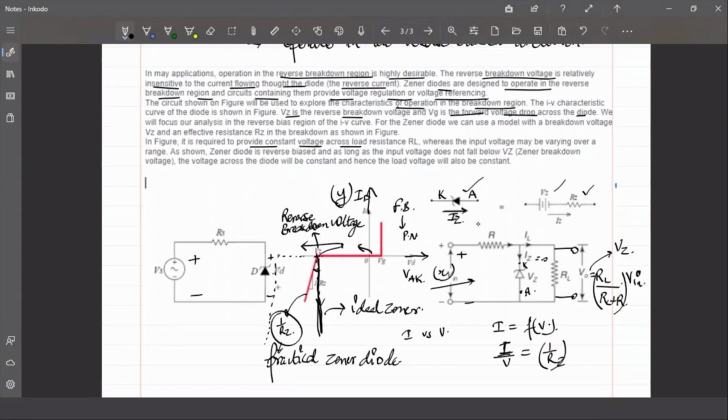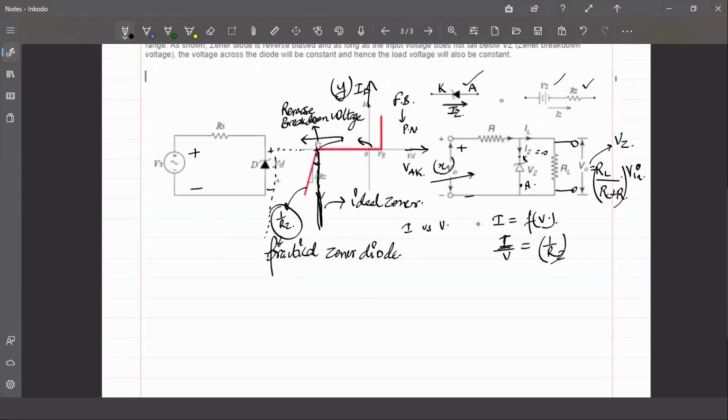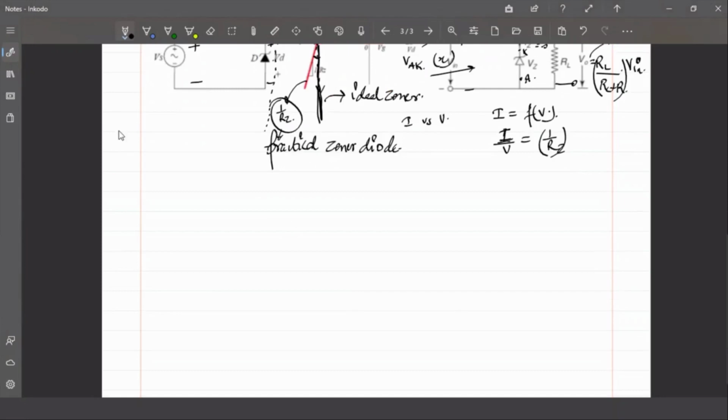So this point here in this characteristics, what we have mentioned here, this point is actually known as the point. If I want to take it further and draw it, just zoom it and draw, then what will we get here? In the reverse bias condition only I am going to draw.